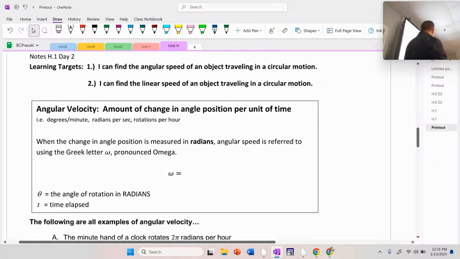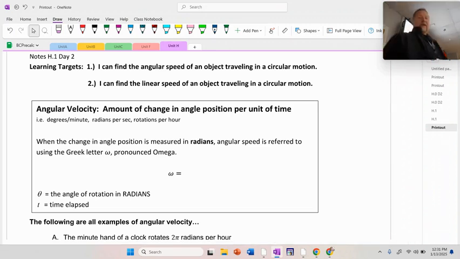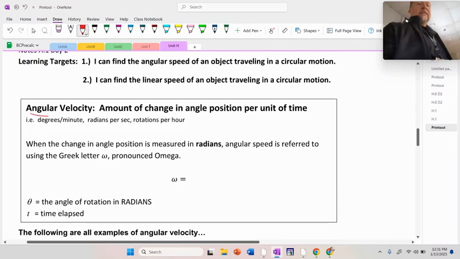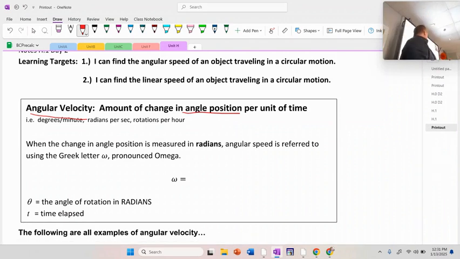All right. So let's go back to our block and what we really need to know. There's your W. Okay, this is actually omega. That's good. So what is angular velocity? Angular position per unit of time. So this is some theta divided by some unit of time.